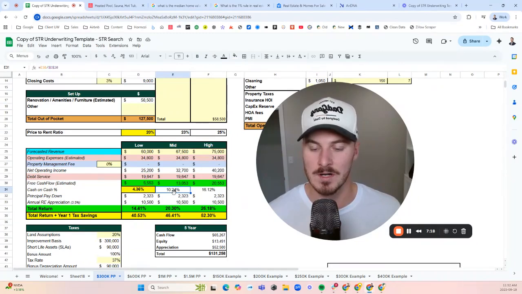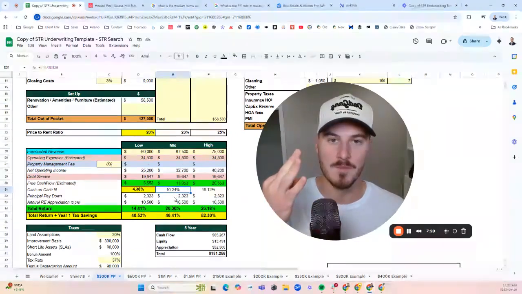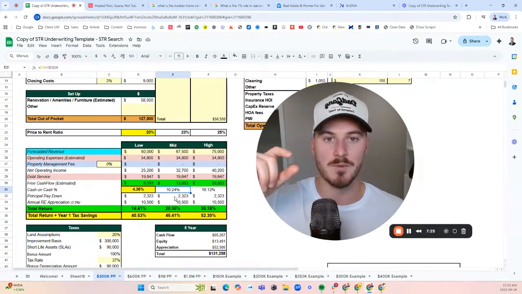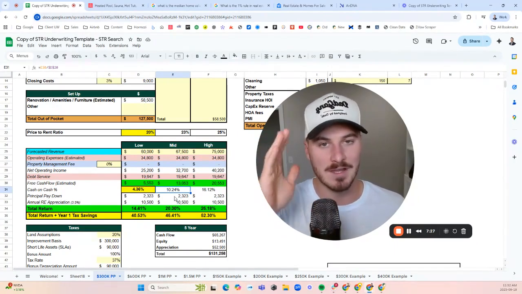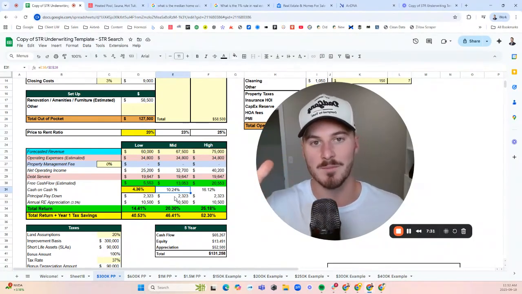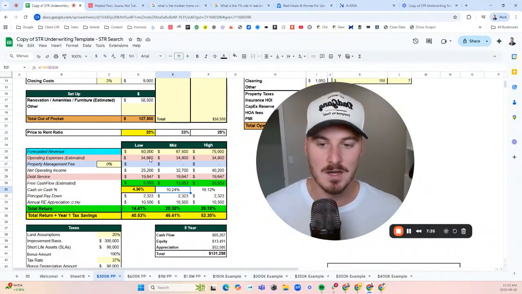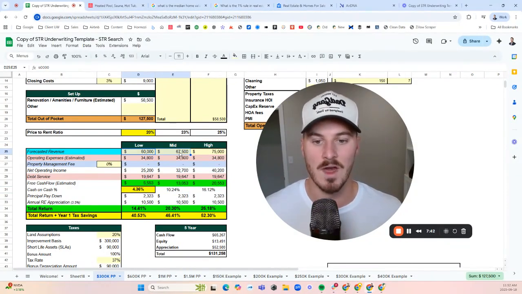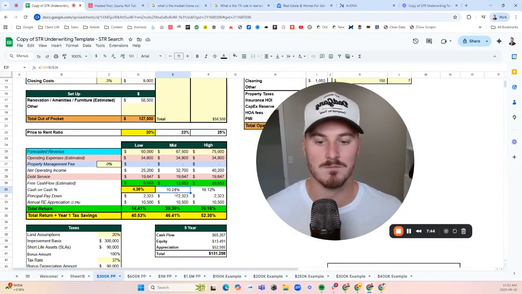And so therefore, only about 3% more of a price rent ratio is where you start to see the same type of returns. But you can't just use that blanket 20% on a lower purchase price, because then you're going to more than likely end up with a property that you're not going to be happy with. And when it comes to these smaller properties, you can see here, we only jump about $7,500 in revenue, but yet the cash on cash more than doubles.